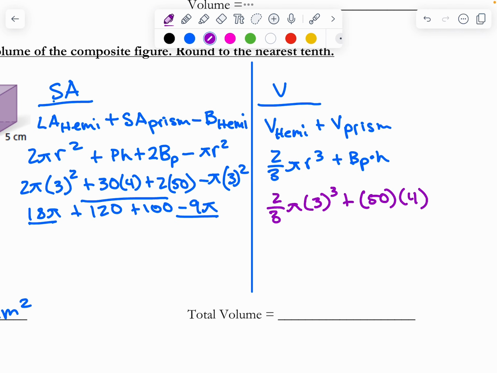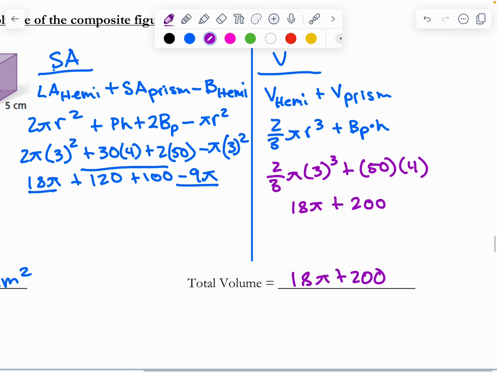So we end up getting, sorry, 3 times 3 times 3, that's 27 times 2 is 54. 54 divided by 3 is 18 pi. Yeah, I was right, 18 pi, plus 50 times 4, which is 200. And that is actually my final answer. There is nothing we can do with this. And so this is in centimeters cubed.